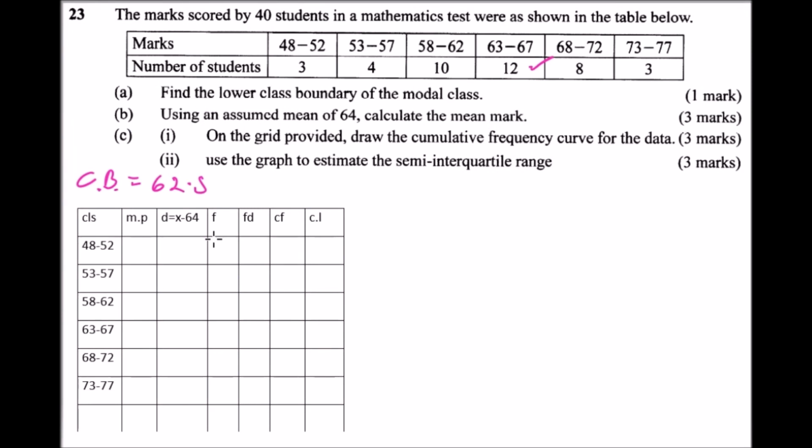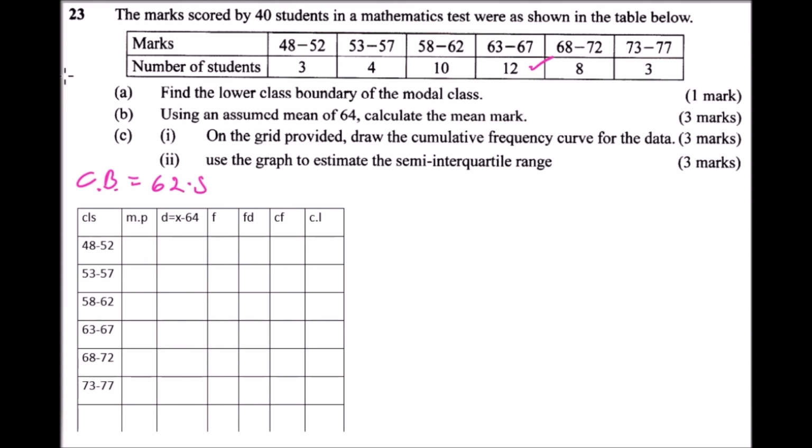So this is a table that you need to prepare. This is just to make your work easier. I have already inserted the classes. So here is the midpoint, and to get the midpoint, you subtract the lower class limit from the upper class limit.